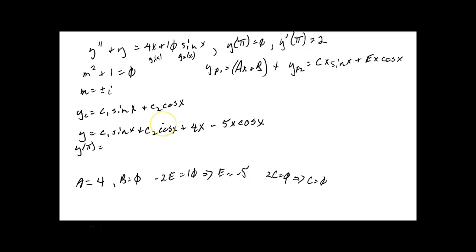Okay. Cosine of pi? Okay, so that would be a minus C2 plus 4 pi minus 5 pi, well, that becomes a plus 5 pi, right? All right. And that's equal to 0. So that means that C2 is equal to 9 pi.